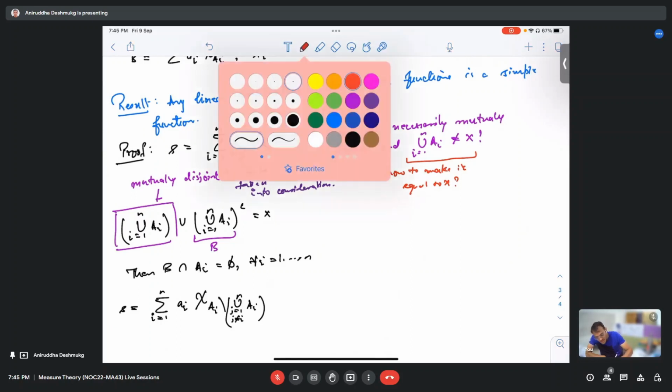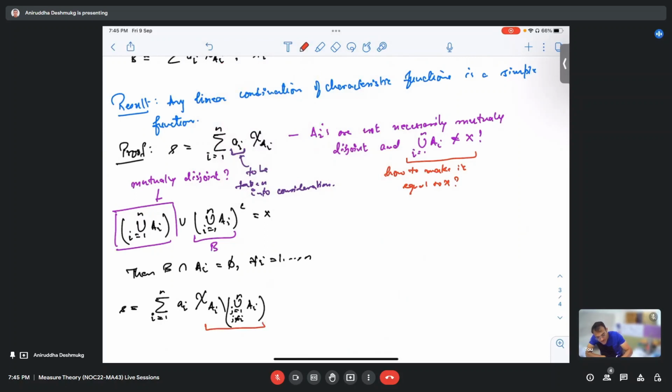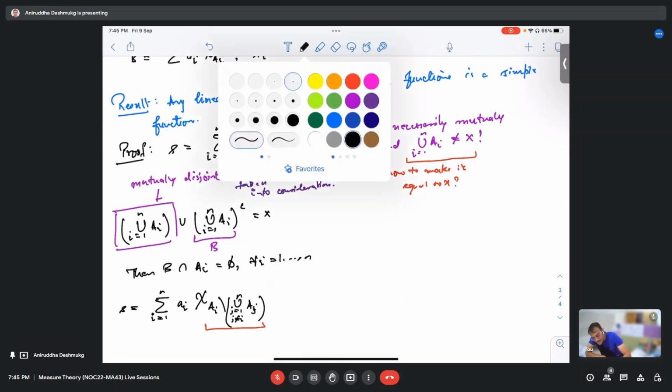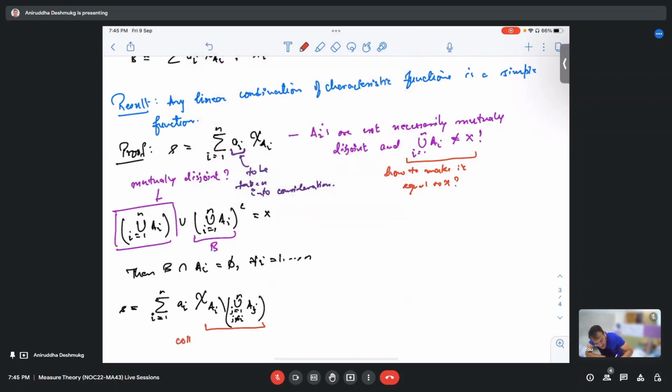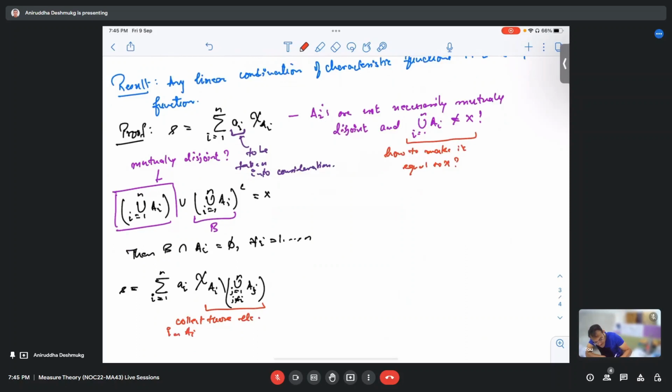What does this mean? We are collecting those elements of A_i which are not in any other A_j.